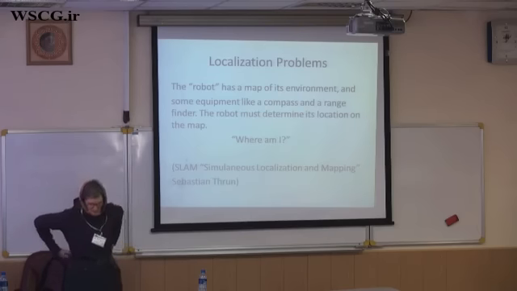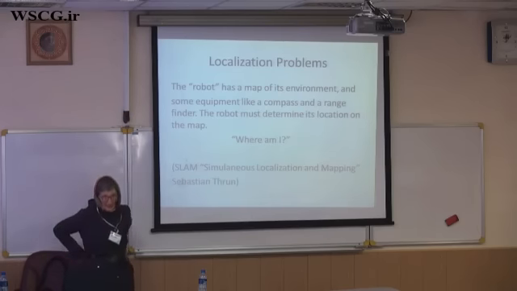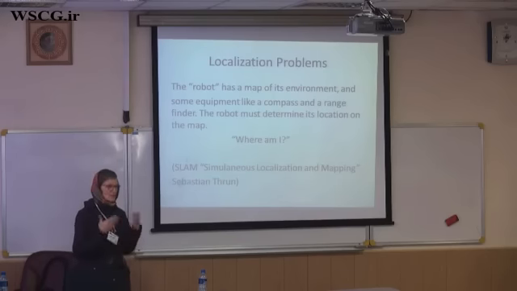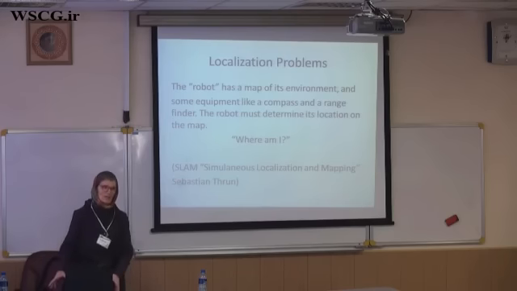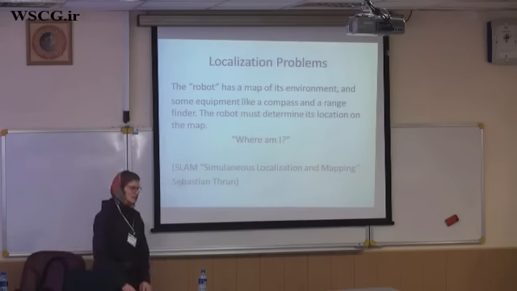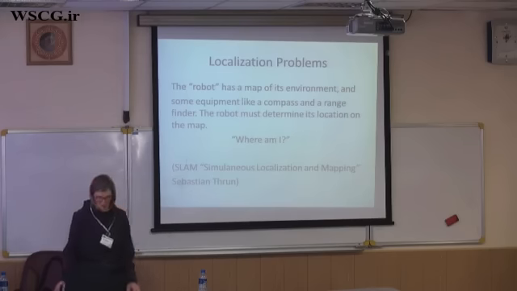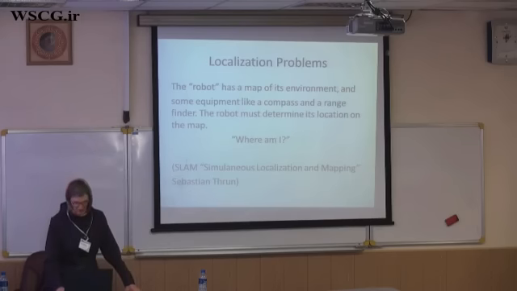But Sebastian Thrun says, well, we can develop strategies for simultaneously creating a map and figuring out where we are on it. So I'm not speaking about that, but that's an expression that everybody should know is out there. It's very famous work.